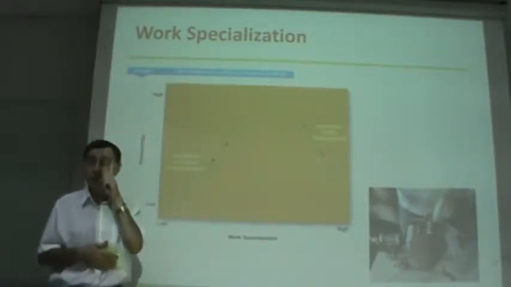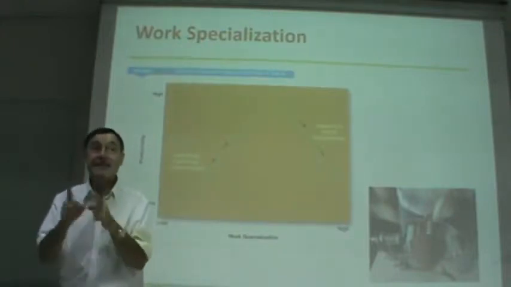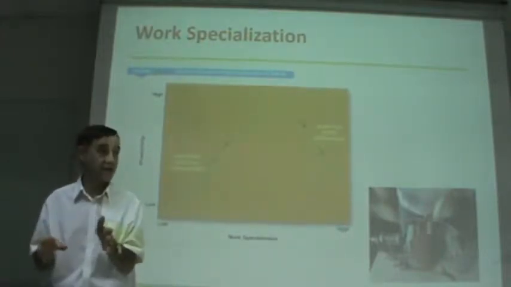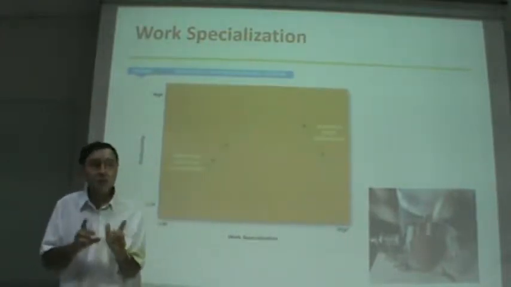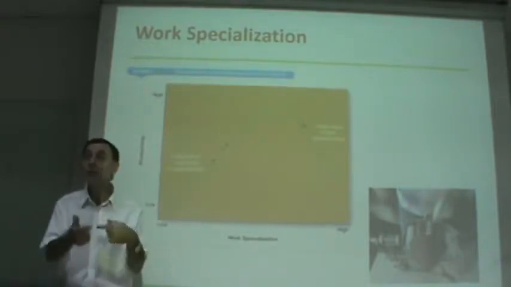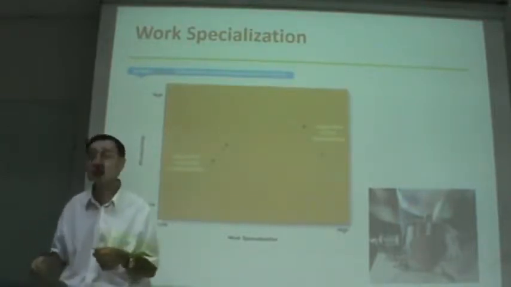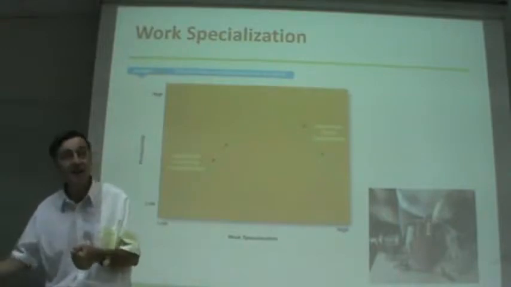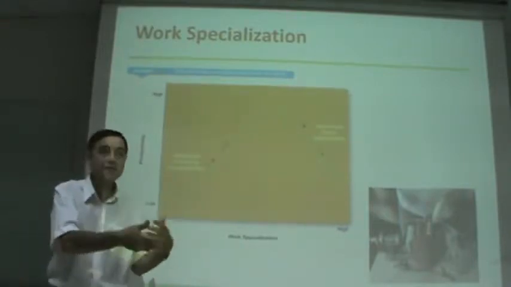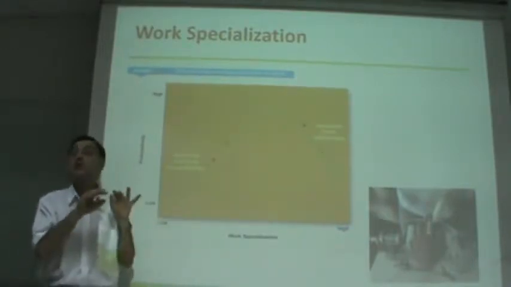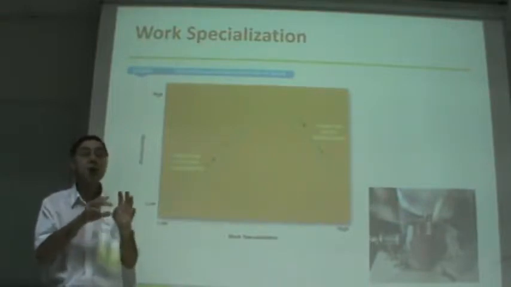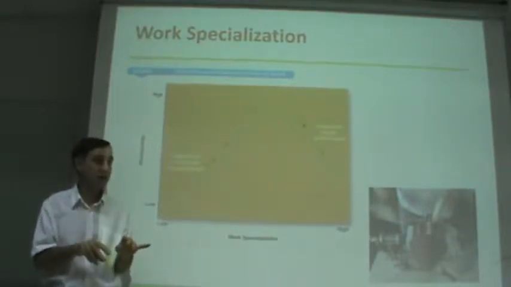So one person is doing only salaries and nothing else. There will be another person doing only purchasing. So as the university is buying books, as it's buying computers, as it's buying this and that, there's one person who is responsible only for the purchasing part.